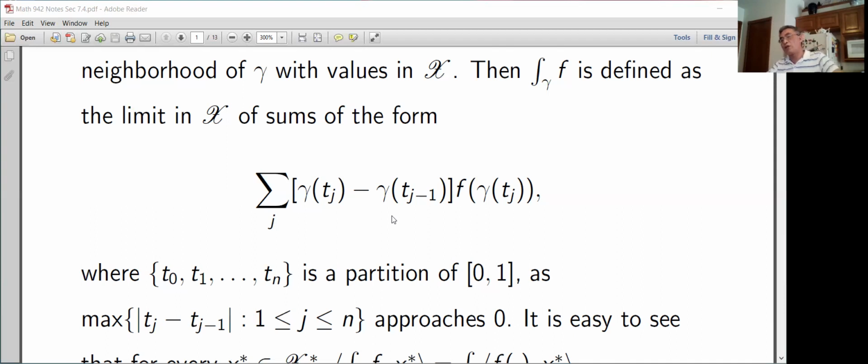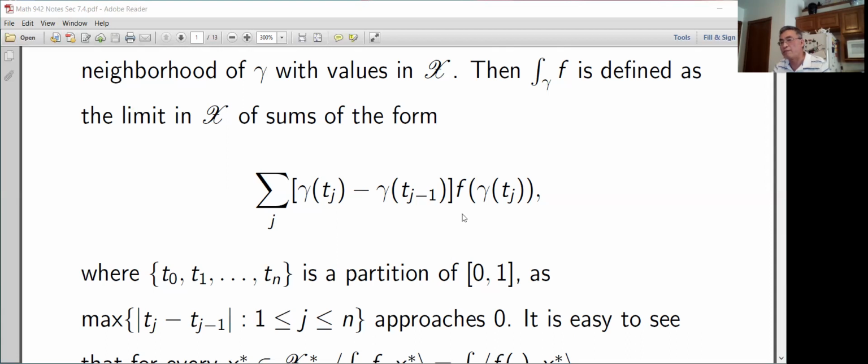So we are not going to repeat the proof here. We just point out this limit exists. The reason it exists is that this f is continuous.